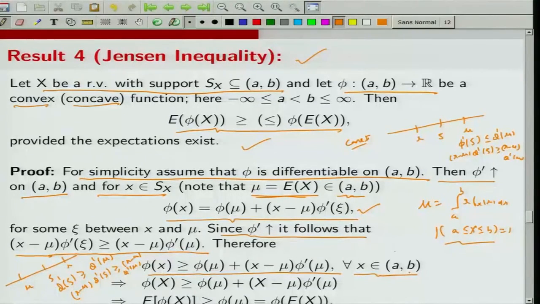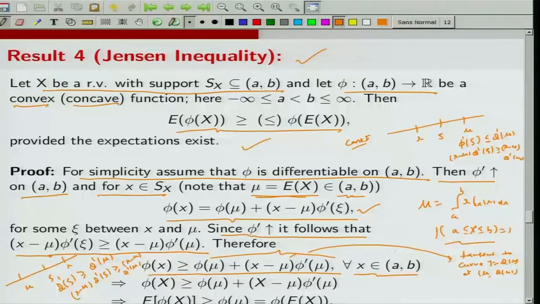Actually this equation has a very intuitive justification. What is this quantity? This is the tangent to the curve y is equal to phi x at the point mu, phi mu.